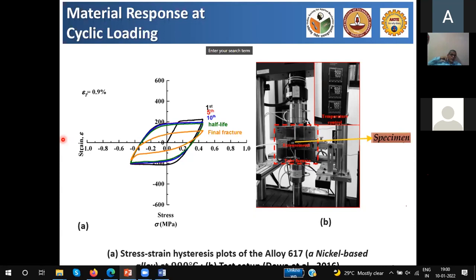What has really captured people's attention is not only to define the yield, but there is something called hardening that takes place beyond the yield, and there is a reverse plasticity that takes place when you unload the material. And this cycle can keep changing as you proceed with the number of cycles. Therefore, it is really important to capture these changes as you go along.